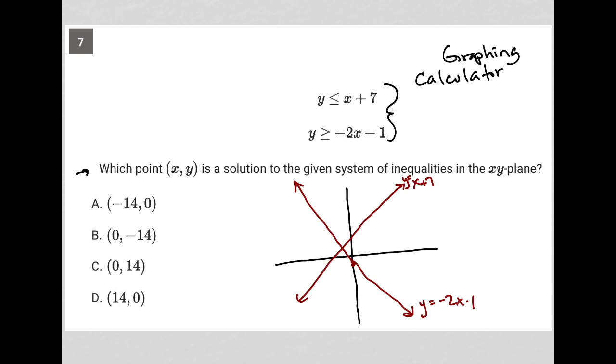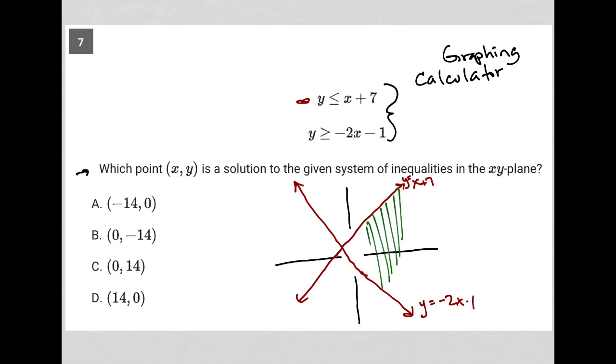Now I'm going to use my knowledge of inequalities. I know that this did not say y equals x plus 7. It says y is less than or equal to x plus 7, which means that I can shade everything below this line. So I'll shade everything below this line in green.